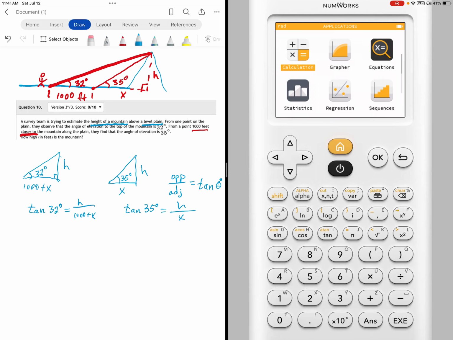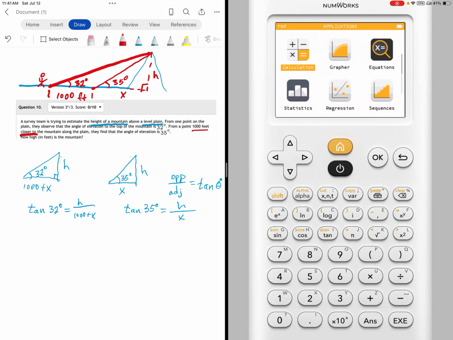We've got two equations and two unknowns. So a good way to do this is using substitution. We can solve one of these for h, or both of them for h, and then substitute. I think that's the way I'll go.